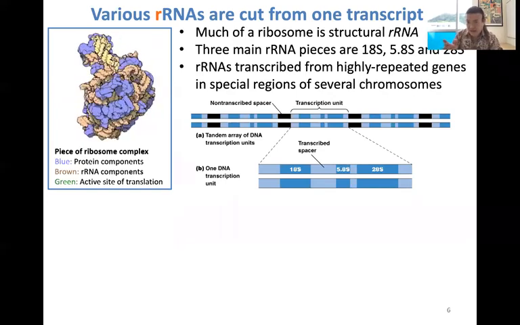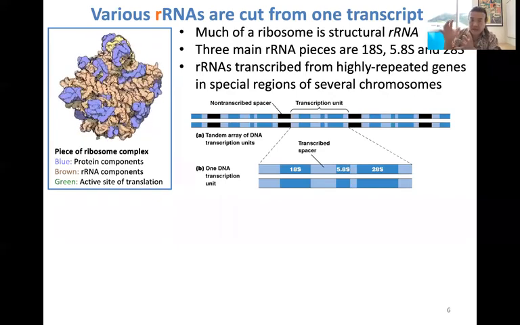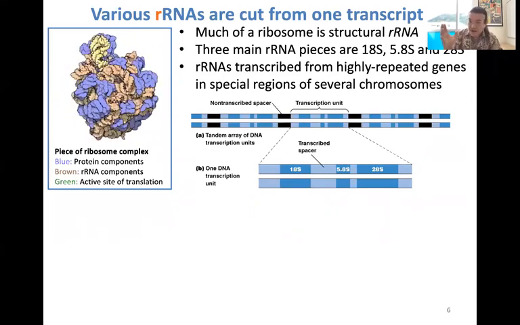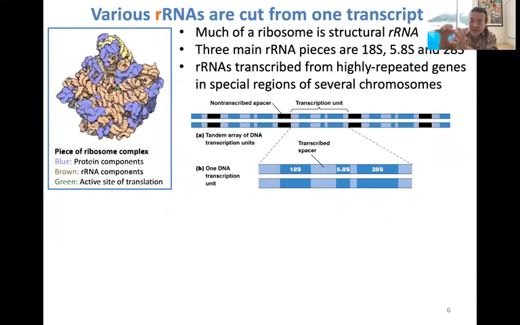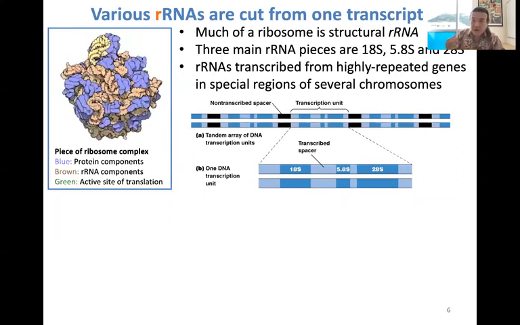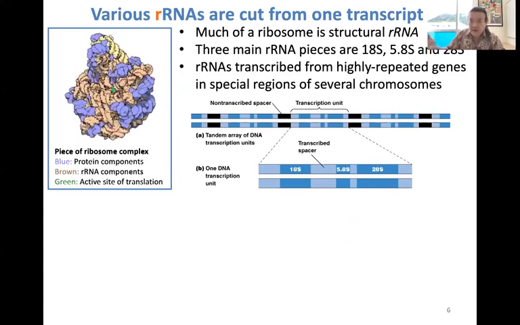And the amazing thing about this is this big ribosomal complex has to be this exact shape in order to work, because this is the machine. And the different parts of the machine have to be in the right position in order for it to carry out its function.